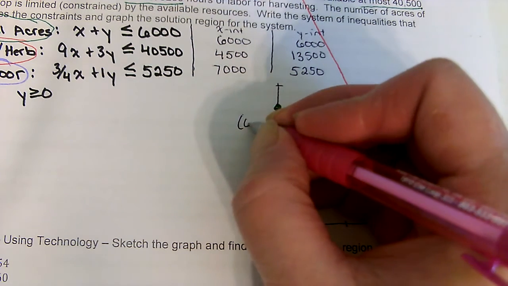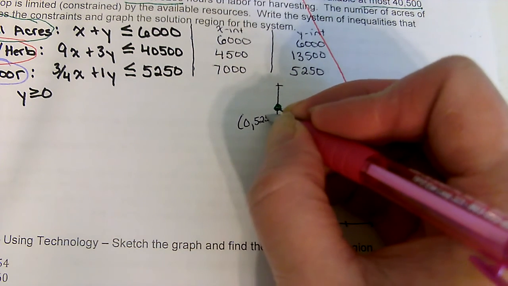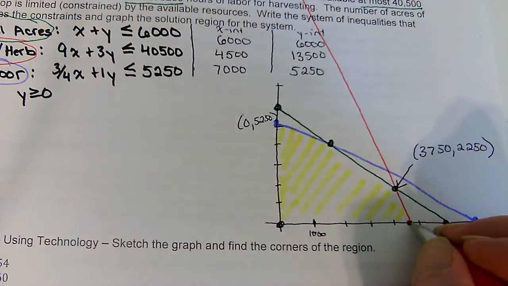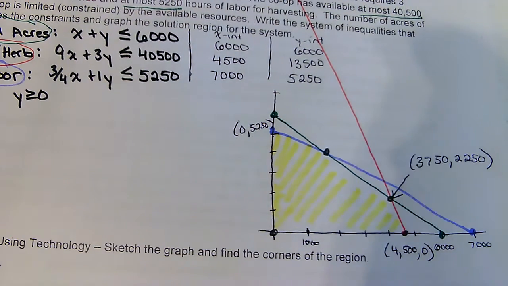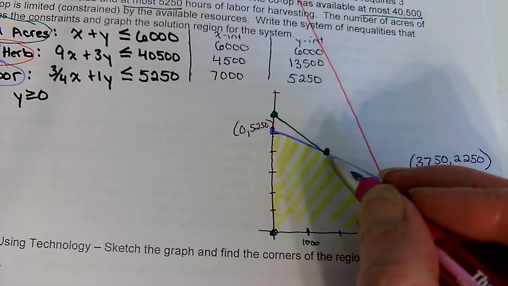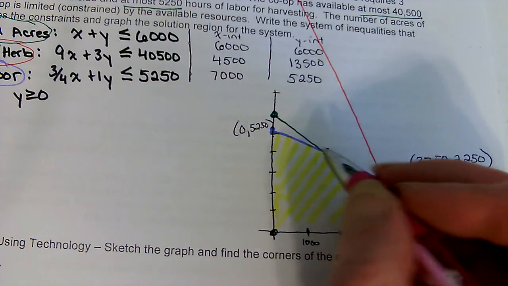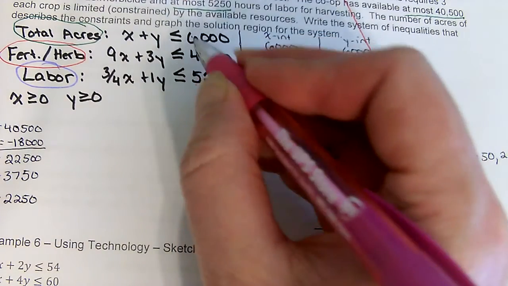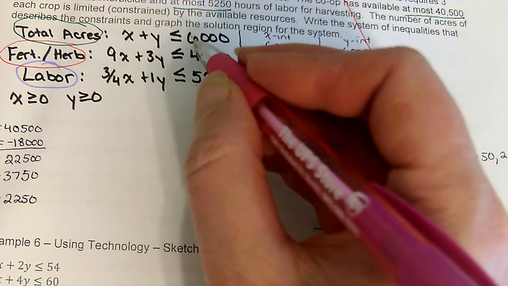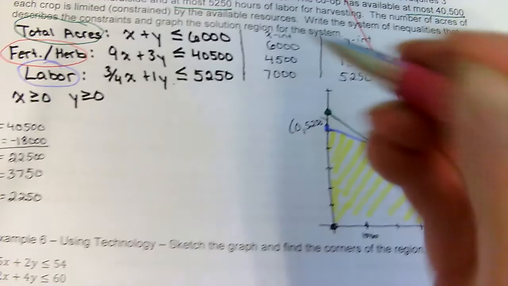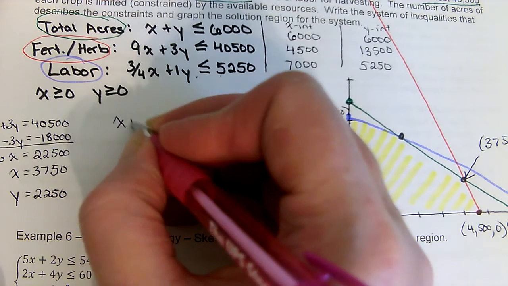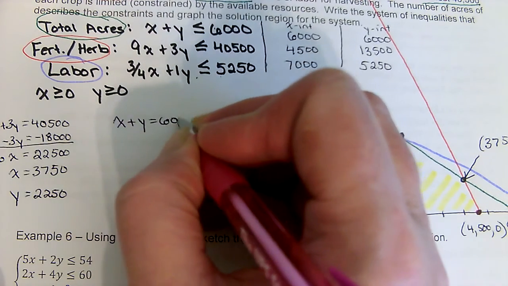This one would be 0, 5,250. This point is 4,500, 0. And how would we find this point of intersection? Well, that's the purple line and the green line. So I'd be combining these two. I think I could just subtract the labor one from the total acres one. X plus Y equals 6,000.